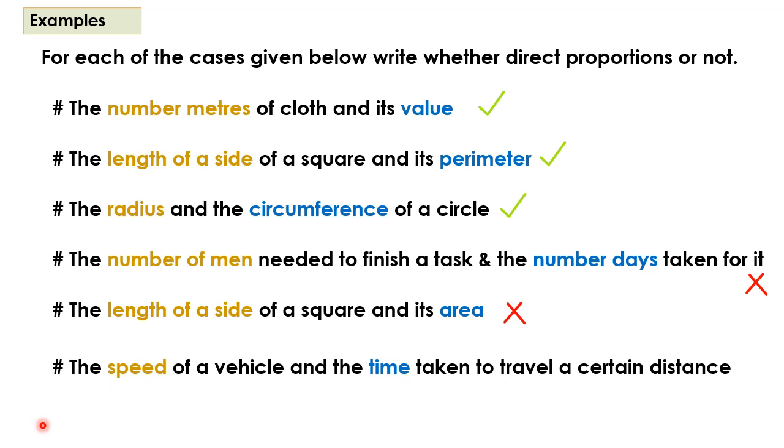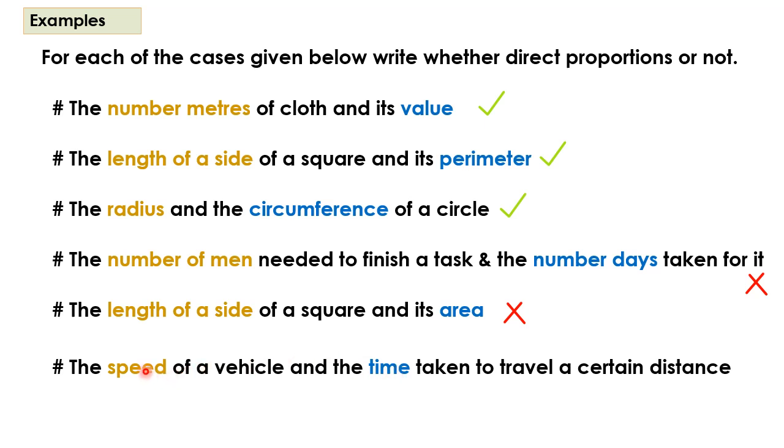And one more, the last: the speed of a vehicle and the time taken. Speed of the vehicle is taken as the first quantity and time taken is the second quantity. When you travel with a speed of 50 kilometers per hour, let's assume that it takes 2 hours to reach the target. 50 speed, 2 hours.